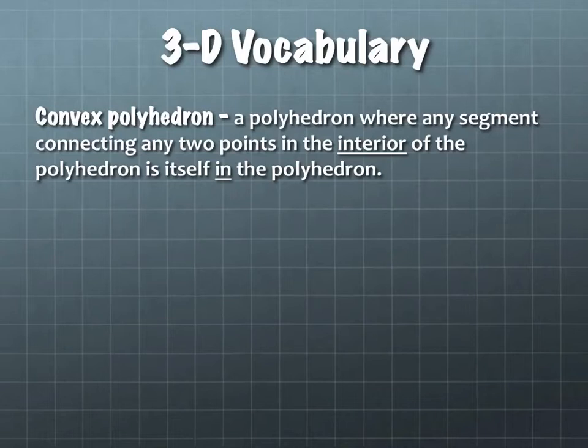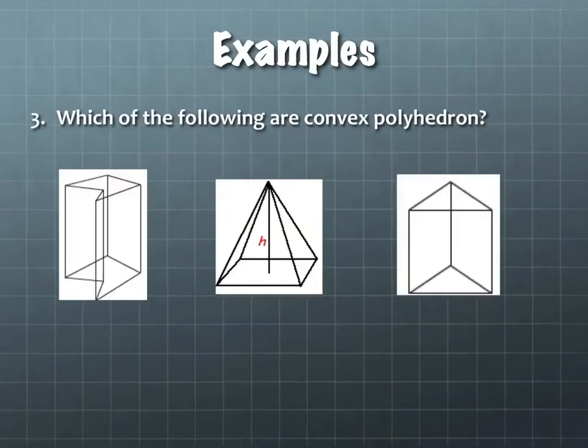So if you're taking a look at these diagrams right here, which of the following would be convex? The first one, the second, or the third one? The first one would be concave, or not convex.